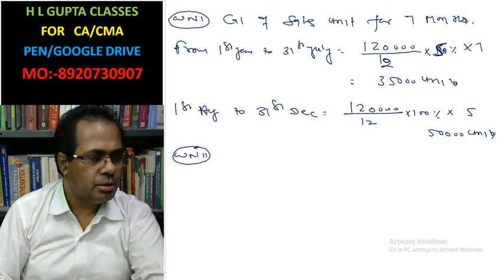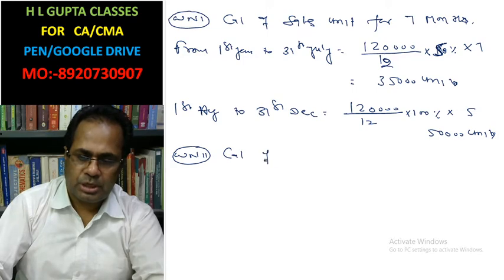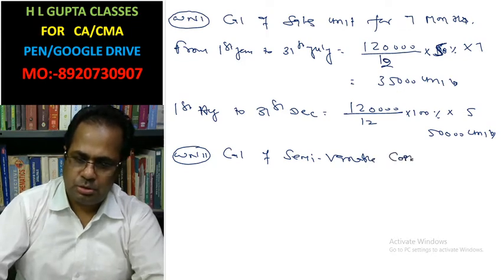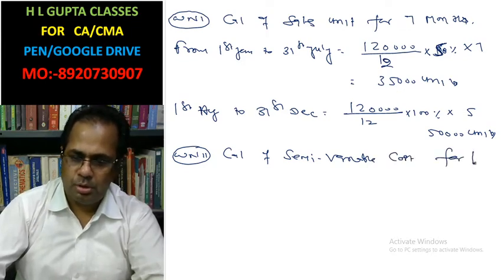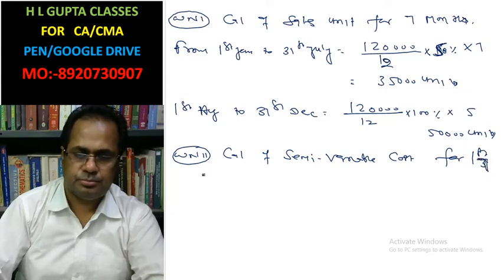Now, working note second: calculation of semi-variable cost for the first 7 months.